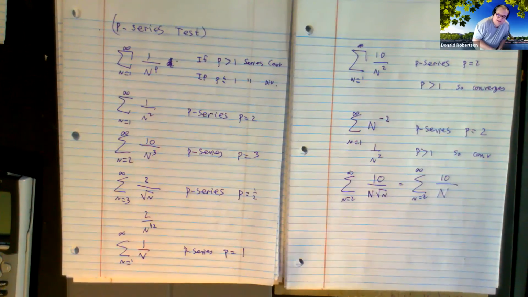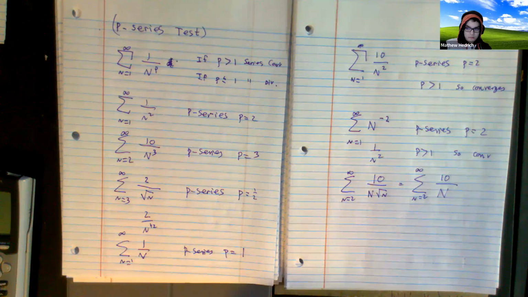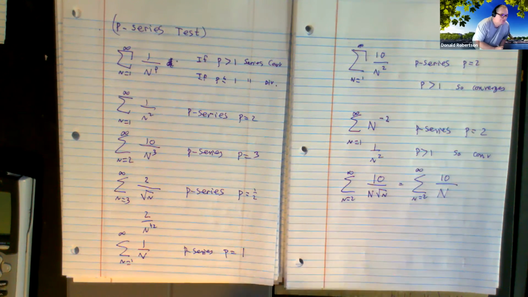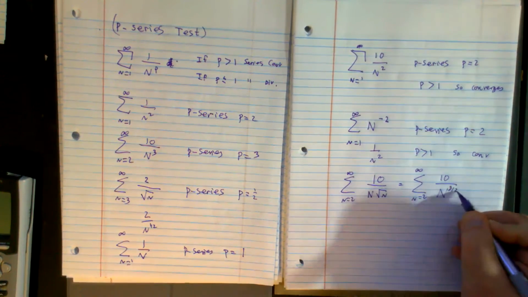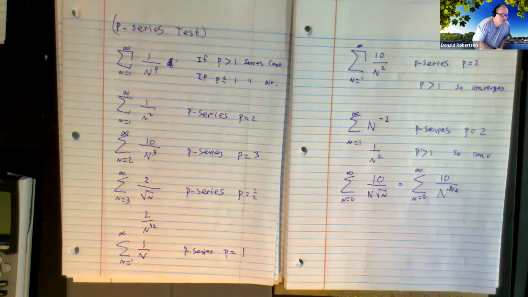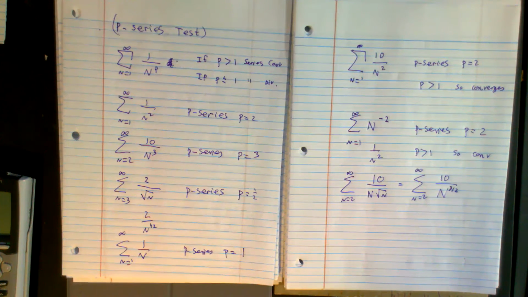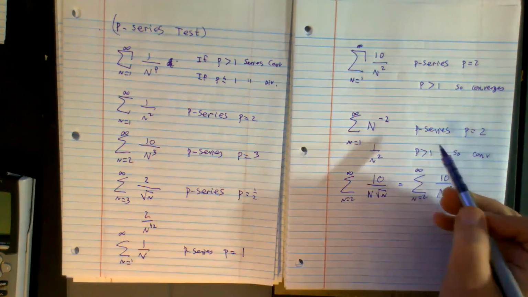What would n root n be written as if you write it as a single power of n? Because you need the bottom to be where the n's are, and you need a power to go with that n. What would n root n be? n to the 3 halves. Would that converge or diverge? It would converge.